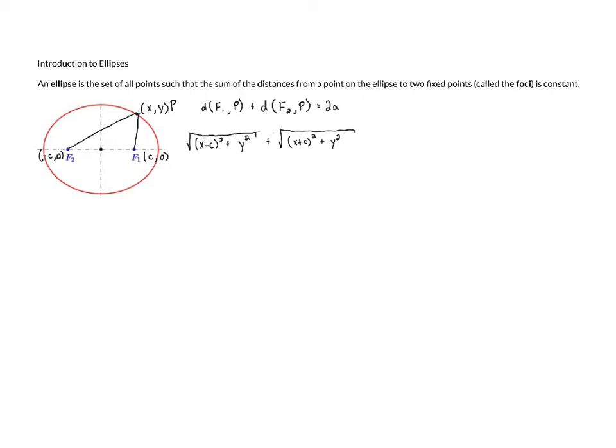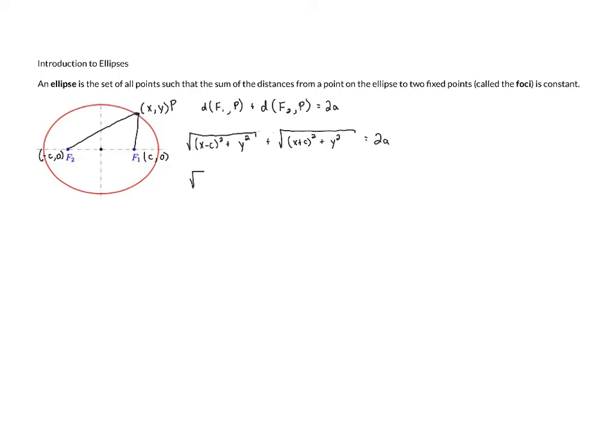And we know that the sum of these two distances has to be 2a. Now, this is kind of a mess, particularly because we have these two different square roots. So what we're going to do is work a little bit of algebra magic to make this nicer. And we're going to start by subtracting this square root from both sides.